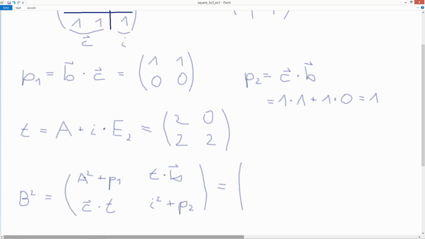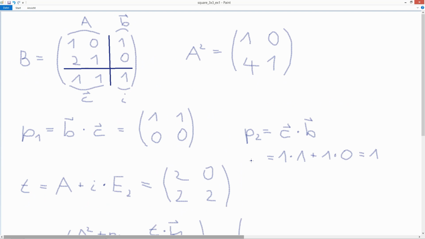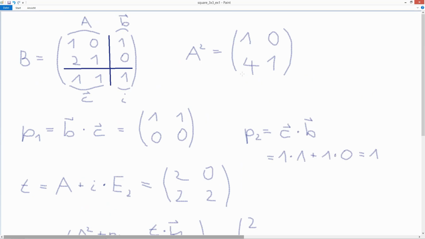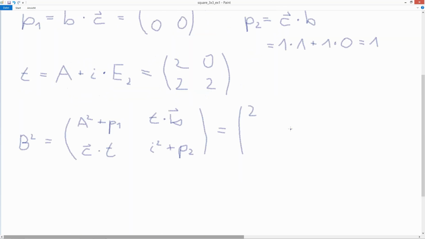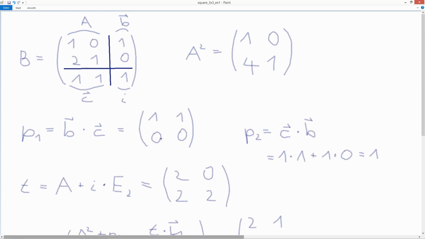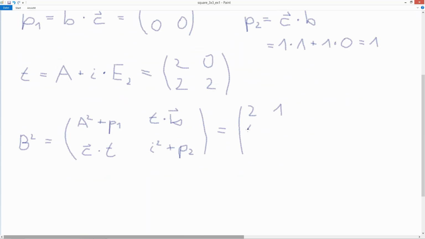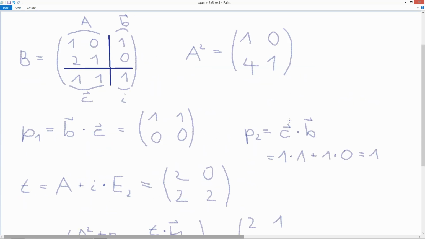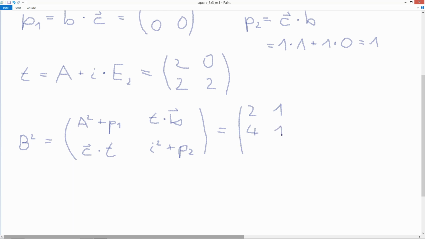So at first we calculate A squared plus P1. So this is the sum of this matrix with that matrix. So 1 plus 1 is 2, 0 plus 1 is 1, 4 plus 0 is 4, and 1 plus 0 is 1.